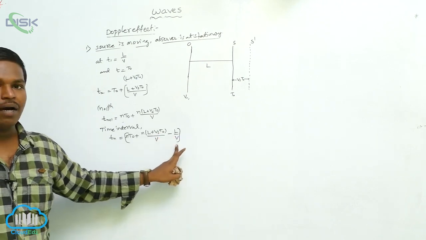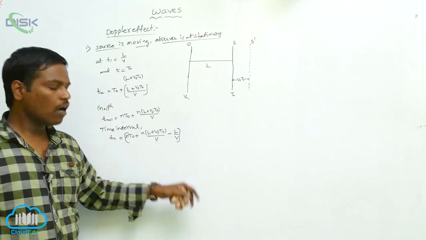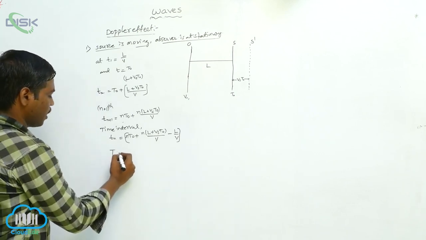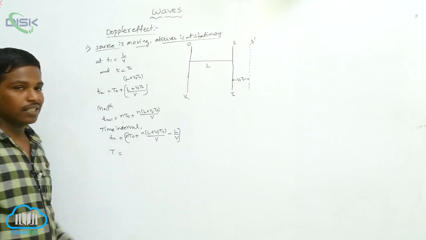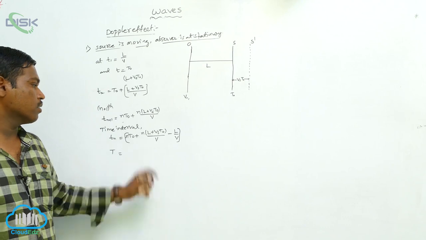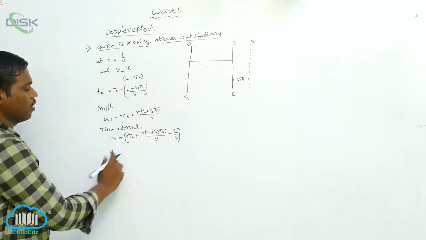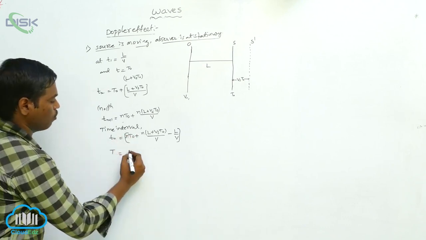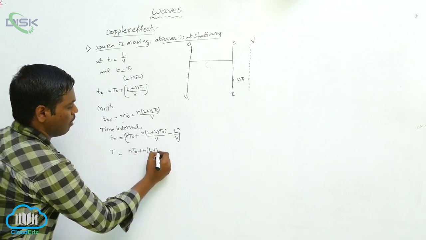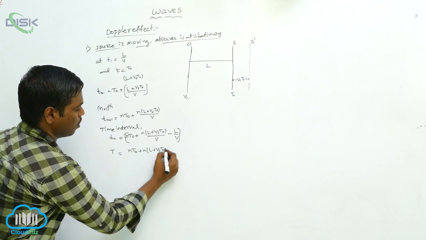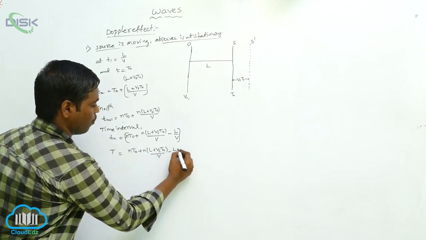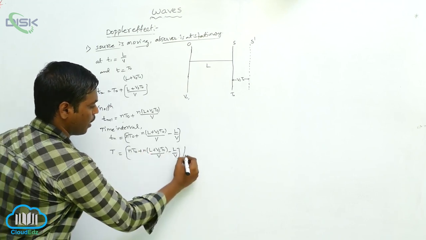Now the time period T is the time for one crest to cross, so we divide by n. Here the time period T is equal to n t0 plus n into (L plus Vs t0) by V minus L by V, divided by n.